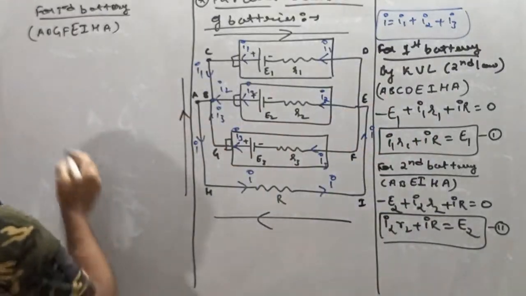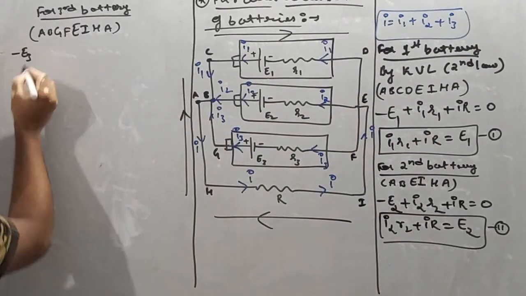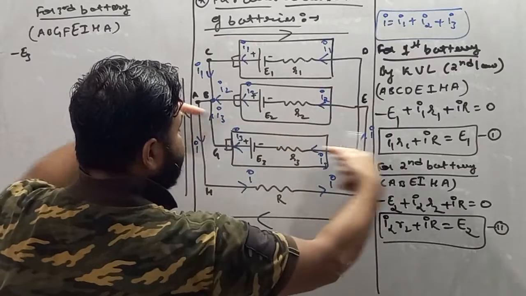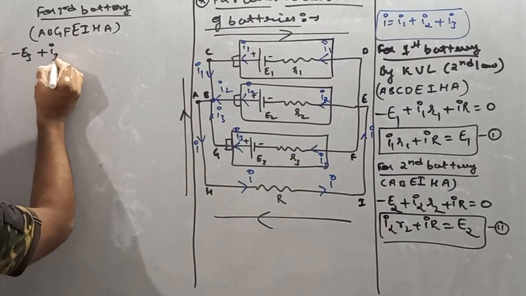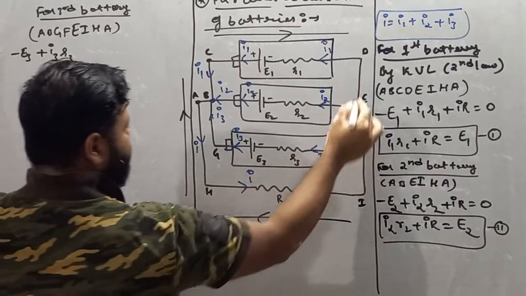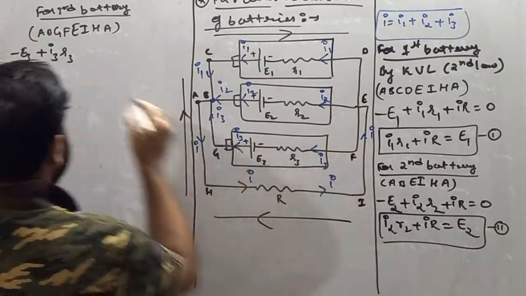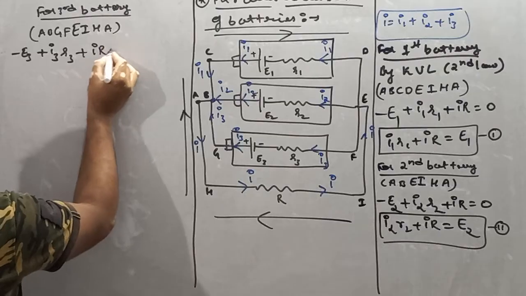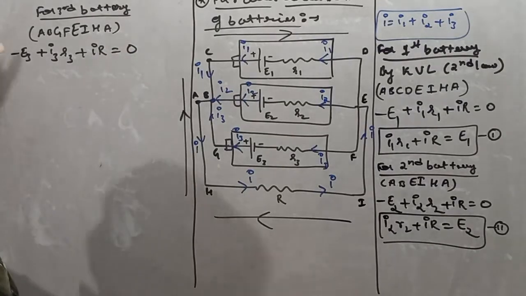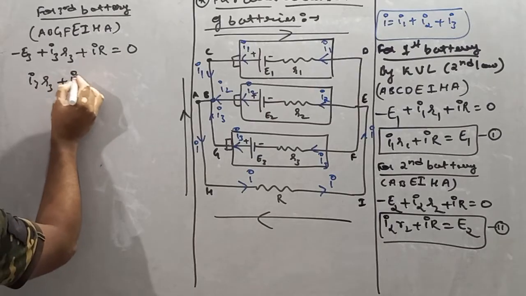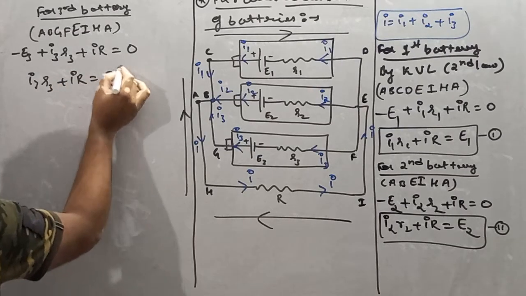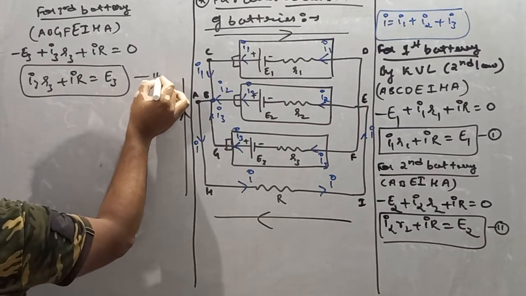So we'll use minus E3. My direction and current direction again is opposite, so I'll write plus I3 R3, then opposite, so I'll write plus IR and it is equal to 0. Take the negative to this side. So I3 R3 plus IR is equal to E3. This is our equation number third.